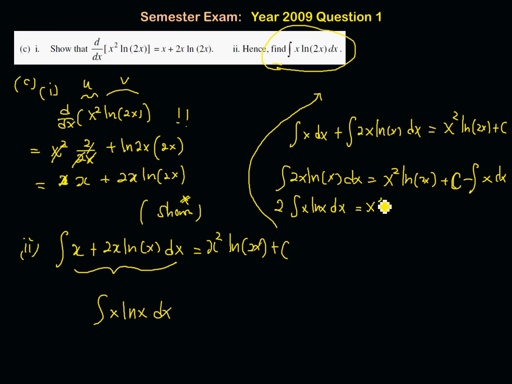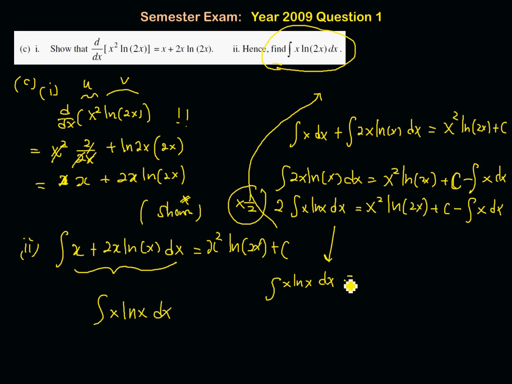Now I'm going to integrate first, keep everything until the end. And because there's a 2, I can multiply across by half, both left side and right side, and so I will end up with the left hand side, the integral of x ln x dx, which is exactly what we need, right? And so we basically finish our job.